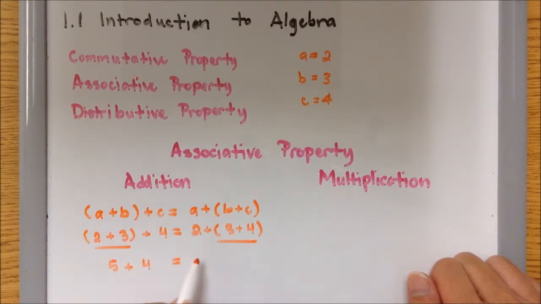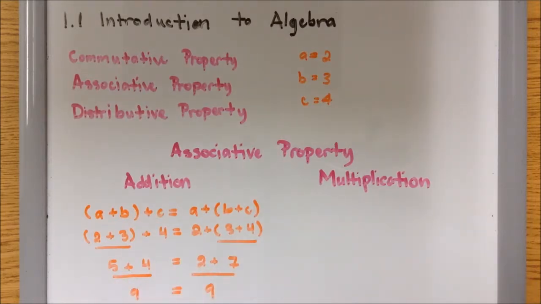And on my right side, 3 plus 4, that's 7. So on my left side, it's 5 plus 4, that's 9. 2 plus 7, that's also 9.